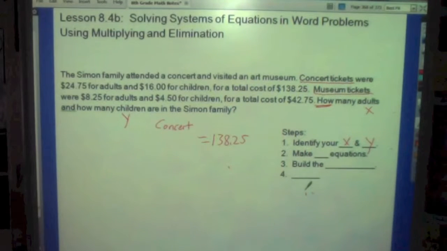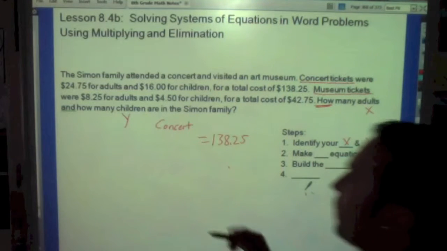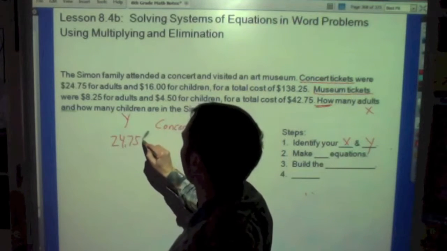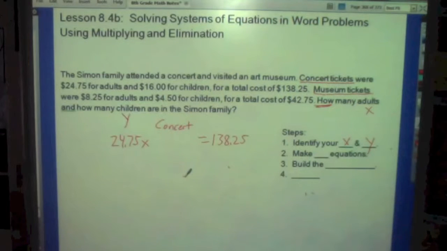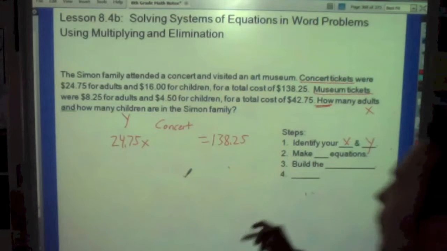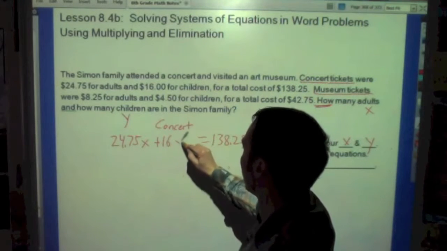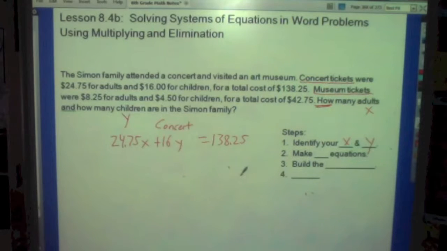And if we look at the concert tickets, they were $24.75 for each adult, plus $16 for the children. So there's our total cost to go to the concert. We had that much for each adult, that much for each child, and it came out to $138.25.